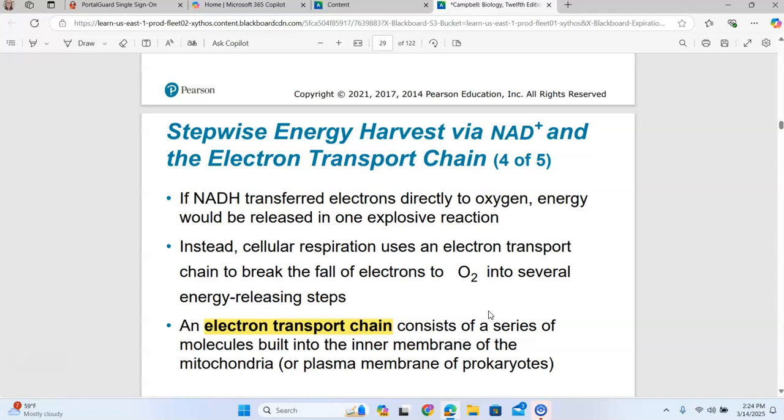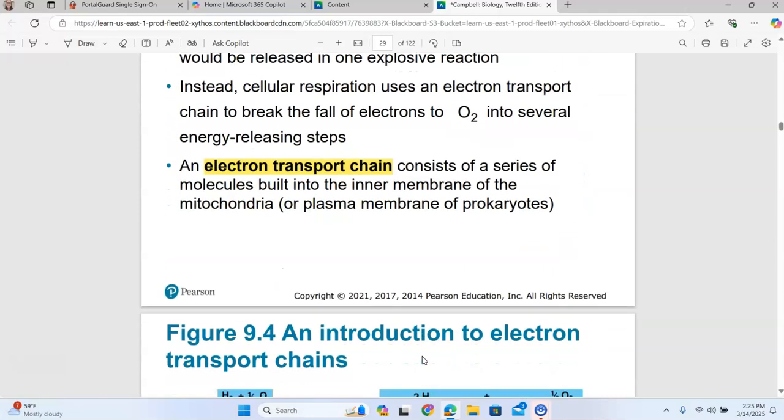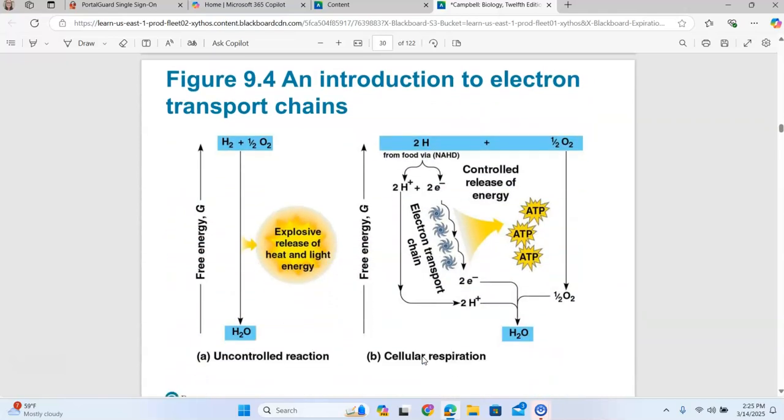I try to describe it as the game, if you've ever played the game Hot Potato when you're a kid, how the hot potato, you pass it from one person to the next, and of course it's going to cool off as you pass it down from person to person. So electrons are kind of like that. They move from molecule to molecule within the inner membrane of the mitochondria. They're passed from molecule to molecule, and the electron loses energy as it moves down that electron transport chain.